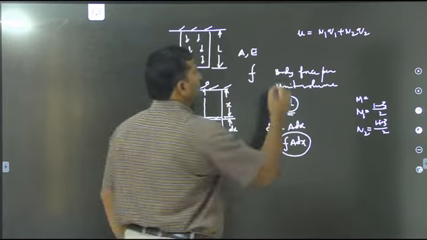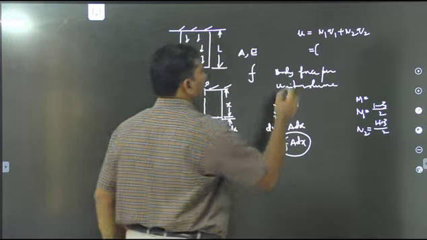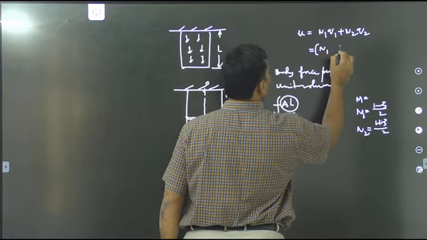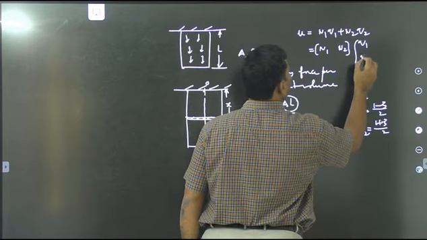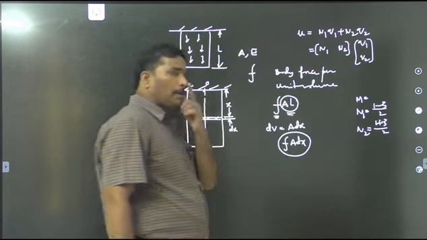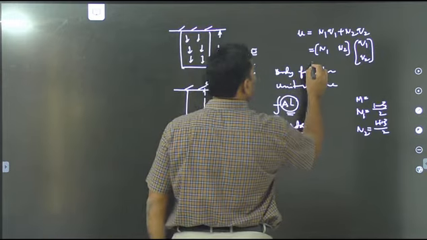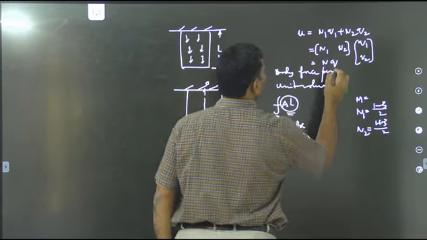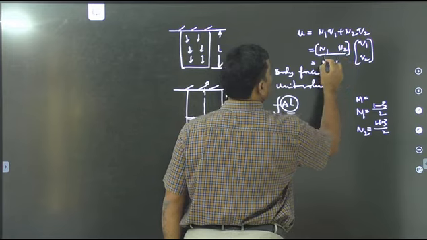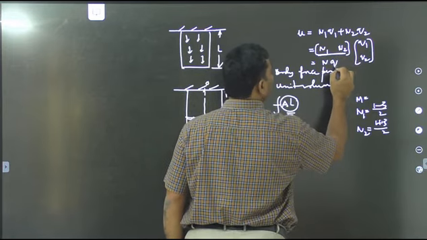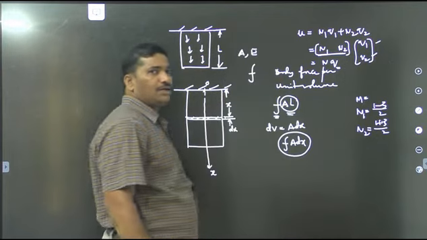Now, this you can write as the product of a row matrix with elements N1 and N2 into a column matrix with elements Q1 and Q2. This equals N into Q, where N is the shape function matrix, a row matrix having the elements N1 and N2, and Q is the element displacement vector, a column matrix having the elements Q1 and Q2.